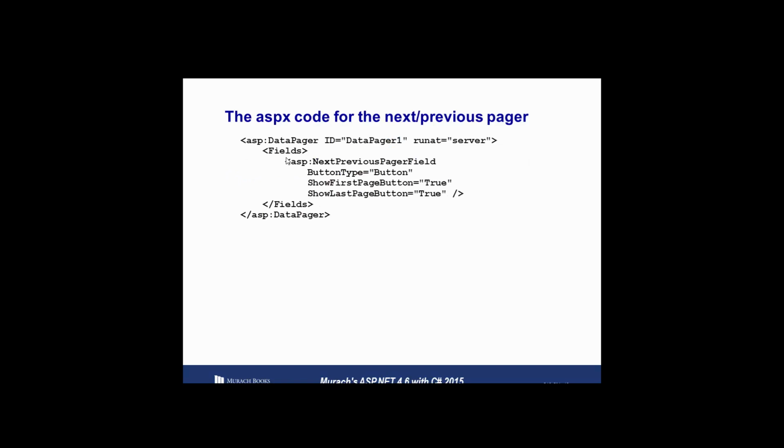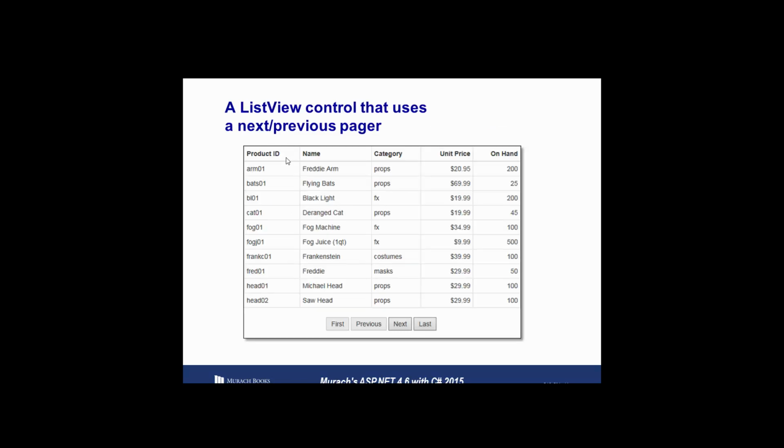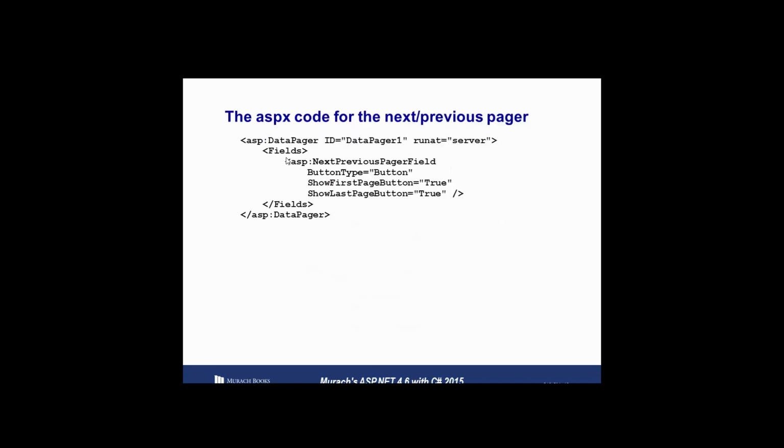The one thing that the textbook says, as you read about this DataPager control, is that a data pager can be associated with different controls. So it's not tied to a ListView control, okay? In other words, right now our DataPager is inside of our ListView.